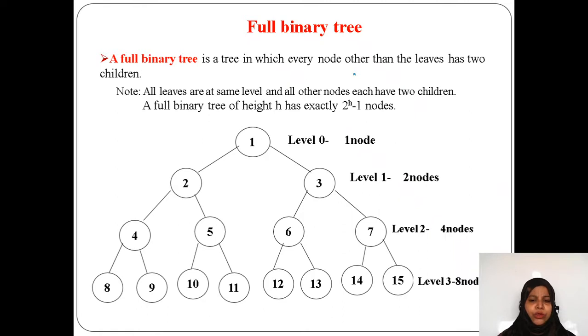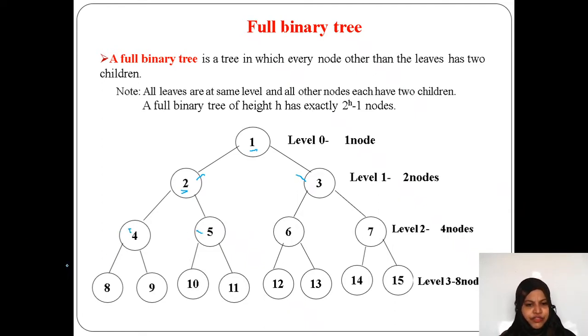Every node present in the binary tree has compulsory 2 children, except the leaf nodes. See here, 1 has 2 children, 2 comma 3, right? Again 2 has 4 comma 5.